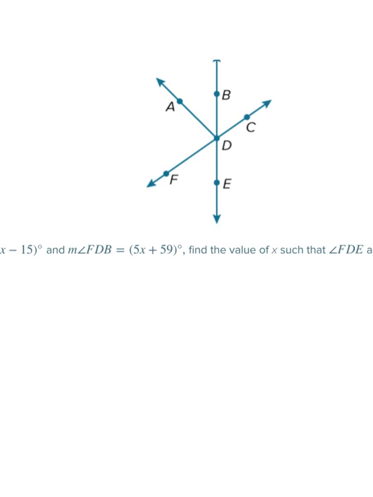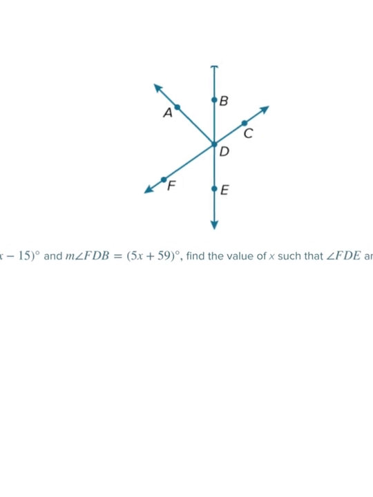All right, well, first I want to identify what angle is FDE. Here I got F, here we go, we have FDE, okay? So that angle is 3x minus 15. And then I have angle FDB.